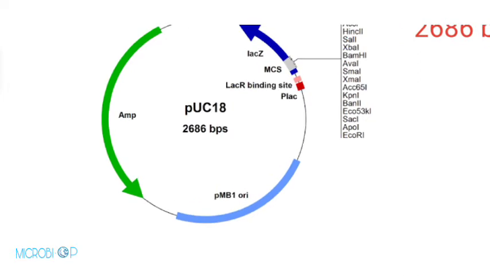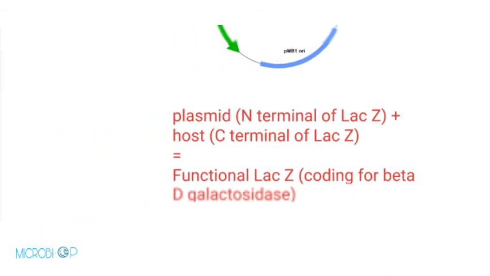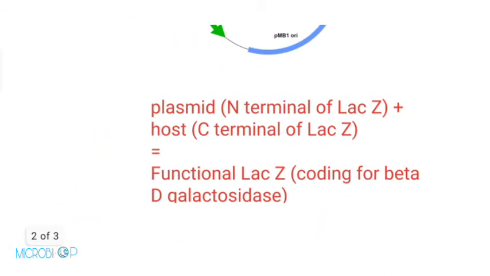What will happen then? The N and C terminal will form a functional lacZ gene because it has not been cut and no DNA insert has been put there. Due to this, it will be a fully functional lacZ gene and code for beta-D-galactosidase.